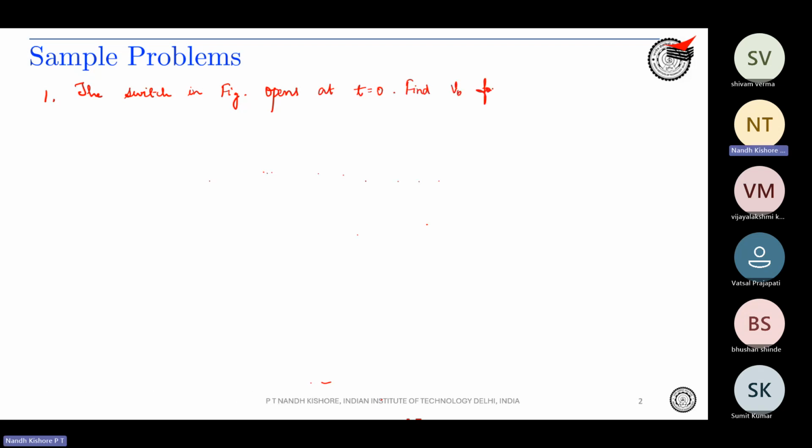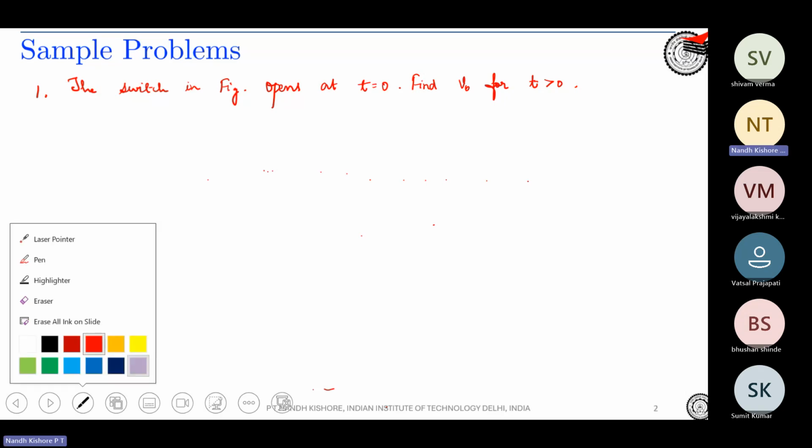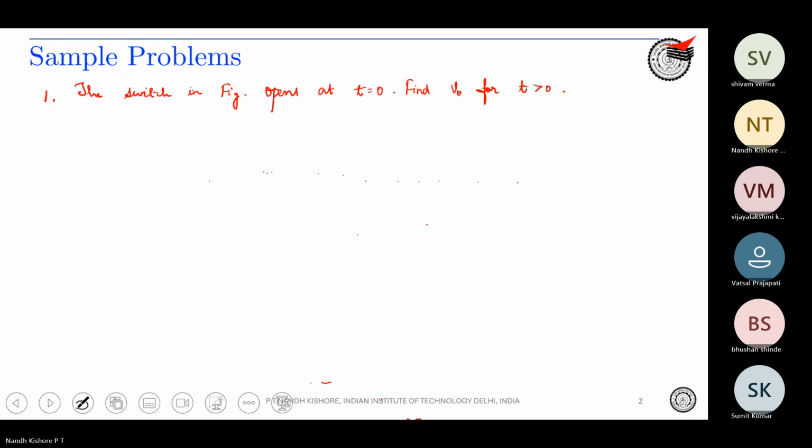Find V naught for t more than 0. The circuit is something like this.